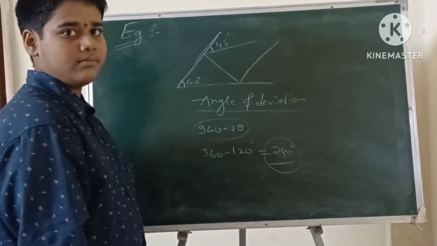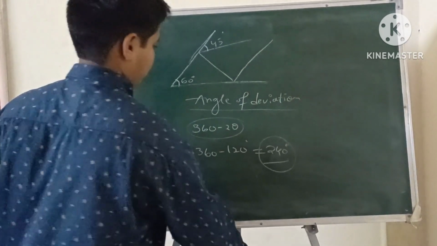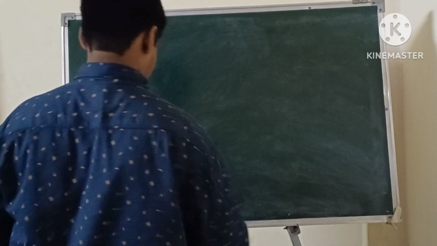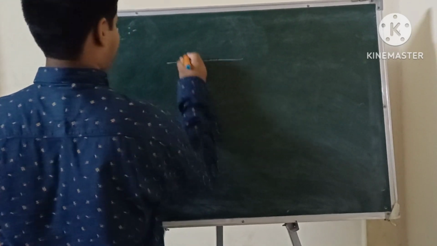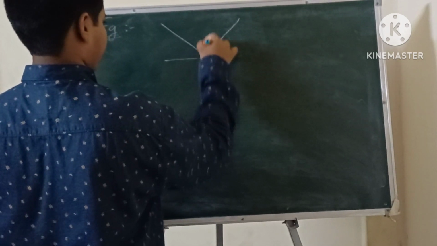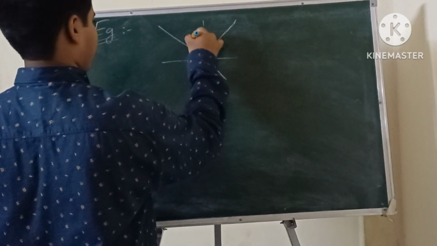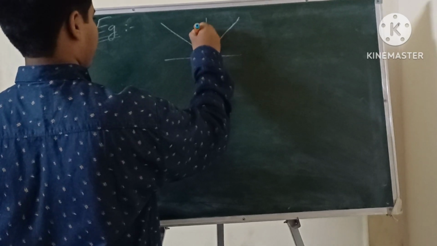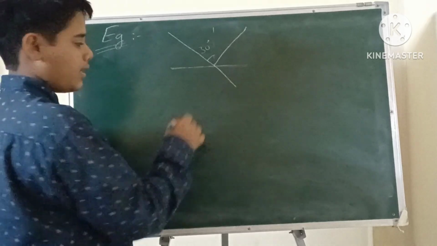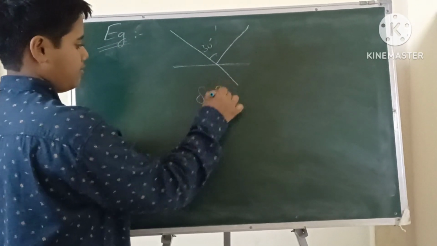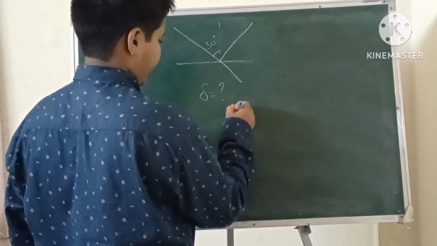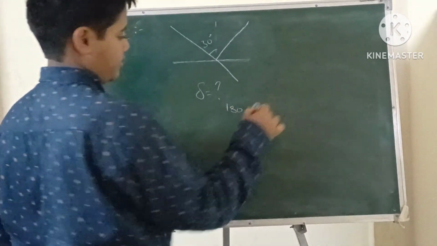Okay, in this only one plane mirror and they are asking angle of deviation. So here angle of deviation formula is 180 minus 2 angle of incidence.